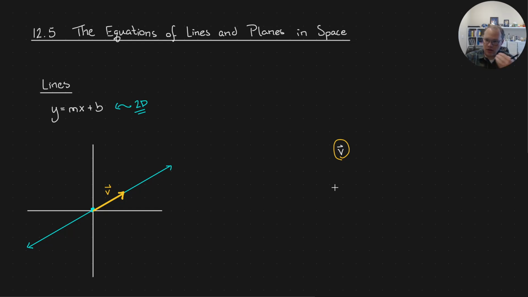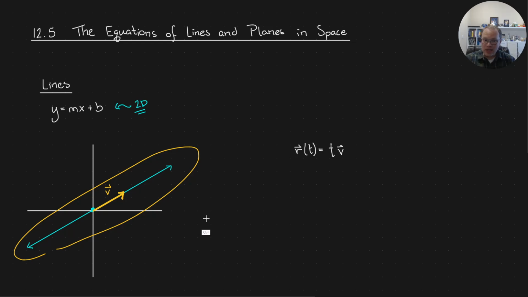So the direction vector here, in stone, concrete, won't move. Okay? But I want to be allowed to scale the vector. The scalar is going to be my variable. Okay? I'm going to call that variable t. This is a function, which I will call r of t. It's a vector valued function because it spits out a vector. And it will describe this line. It can reach every point on that line by just choosing different values for the scalar t, right?